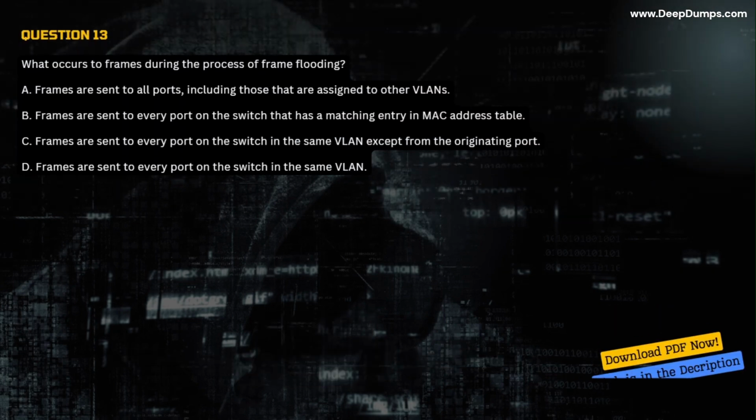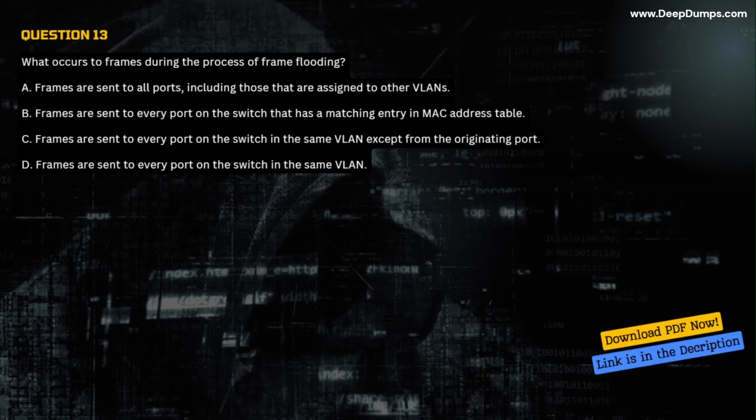Question 13. What occurs to frames during the process of frame flooding? A. Frames are sent to all ports, including those that are assigned to other VLANs. B. Frames are sent to every port on the switch that has a matching entry in MAC address table. C. Frames are sent to every port on the switch in the same VLAN except from the originating port.